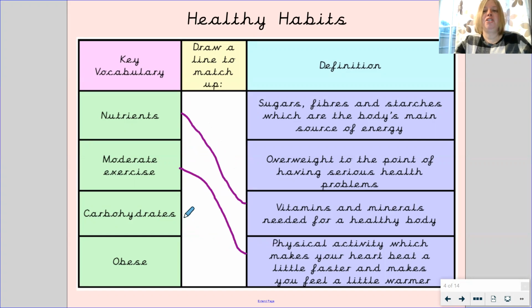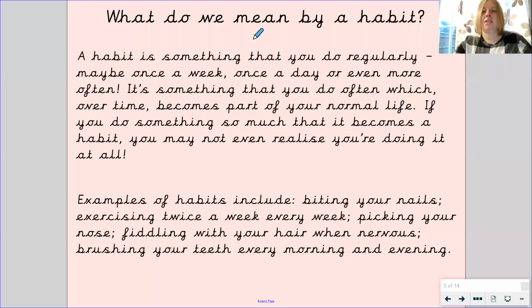Carbohydrates are the sugars, fibres and starches, which are the body's main source of energy. Obese means overweight to the point of having serious health problems. Remember those words because they're going to be useful for you in today's lesson.